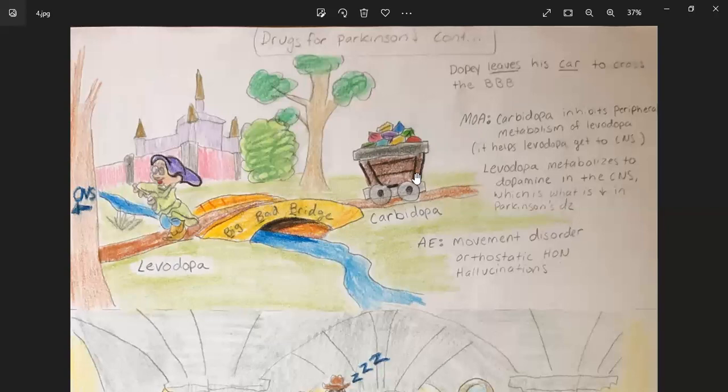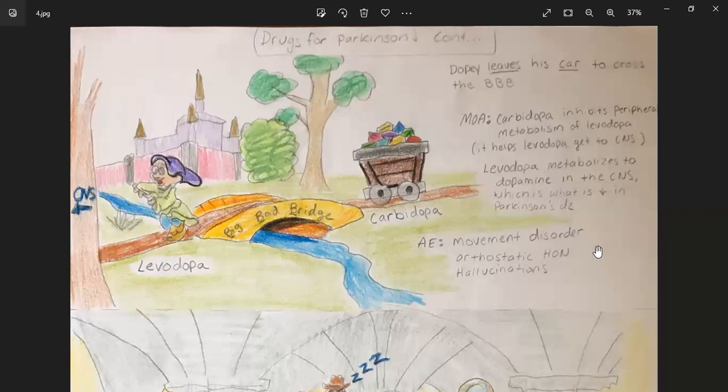So it helps levodopa get into the central nervous system, just like how this little car was helping Dopey get over here. Levodopa then metabolizes into dopamine in the central nervous system, which is what decreases in Parkinson's. In Parkinson's disease, you have decreased dopamine, so that's why we want to get this drug into the CNS.